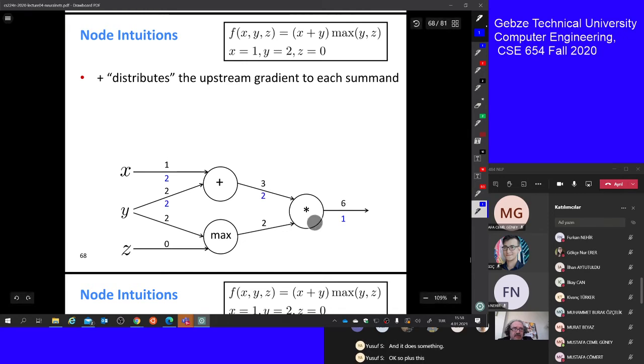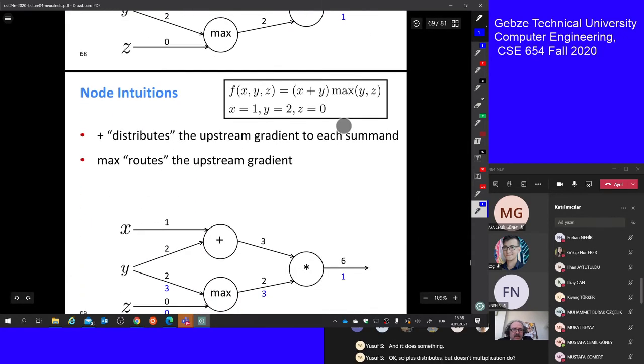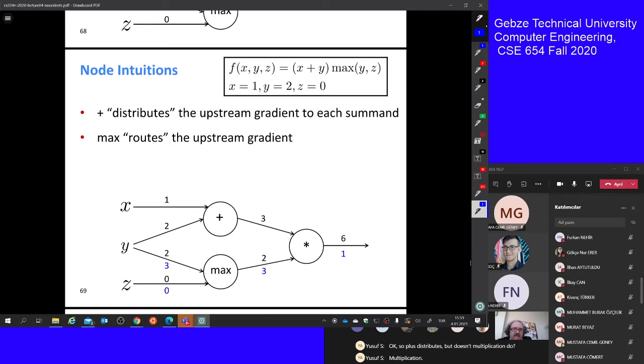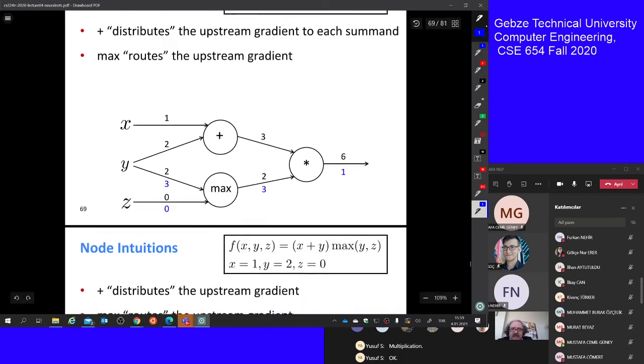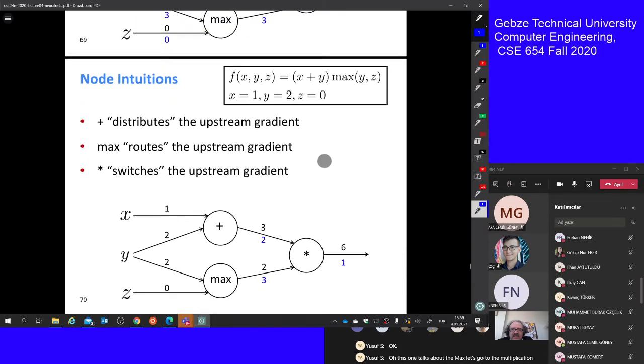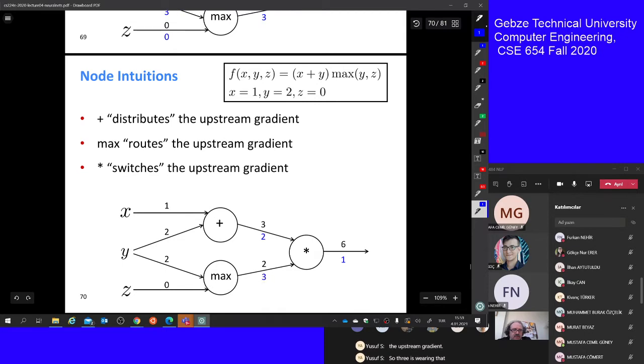What does the multiplication do? Oh, this one talks about the max. Let's go to the multiplication. Multiplication says that I am going to switch the upstream gradient. So 3 is going that way, 2 is going that way.